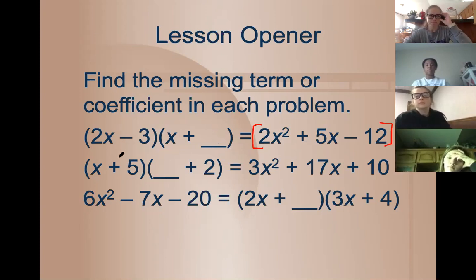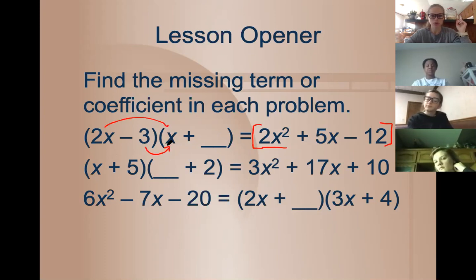Well, you almost have to start doing it a little bit in your head. So, 2x times x, that's 2x squared. There's the 2x squared. 2x times something, I don't know yet, but then I've got my next ones, negative 3 times x. Again, these are going to take a little bit more thought.